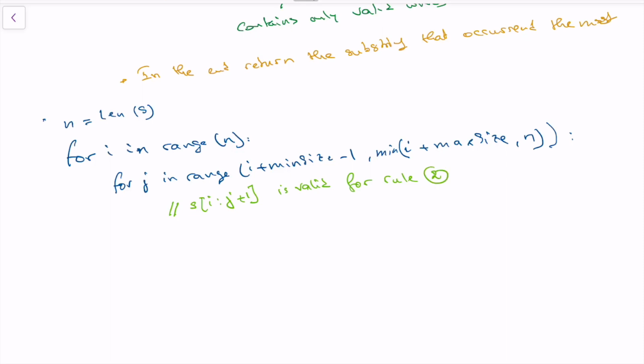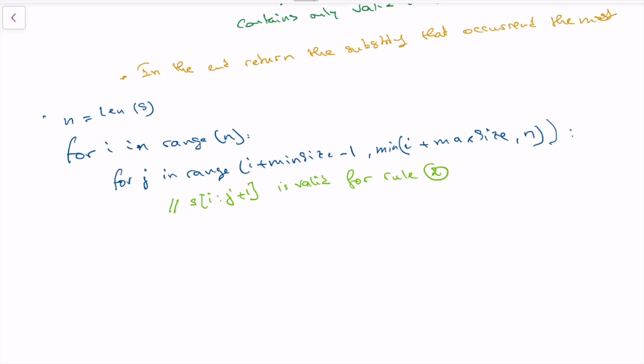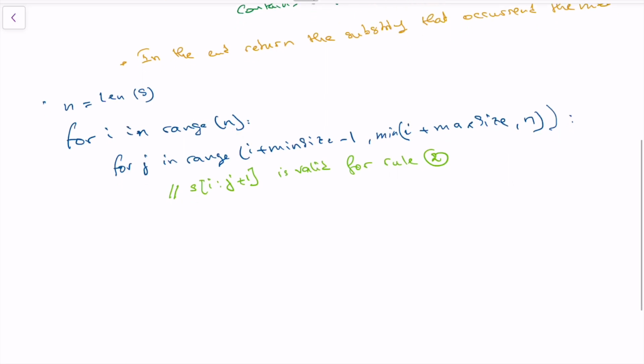We generated words that have size in the range min size to max size, inclusive. So the substring we are dealing with here is s from i to j, and we do j plus 1 for Python so that it includes the character at position j.